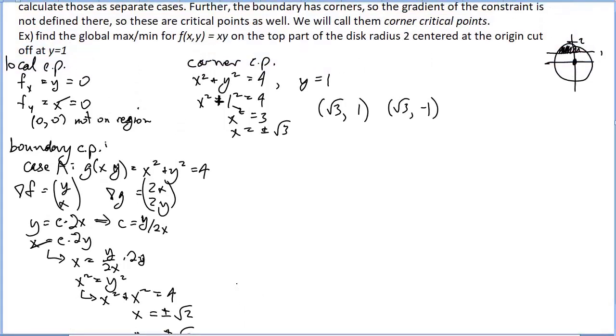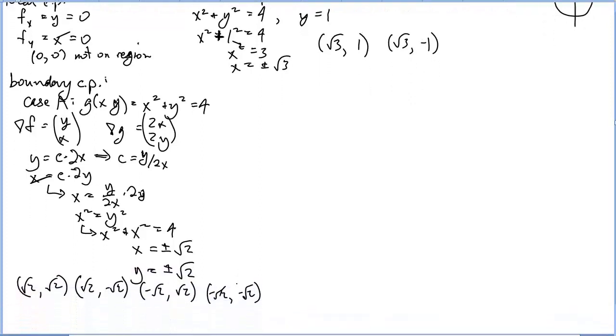Once again, we should refer back to our graph. Notice that we're interested in the top piece of the circle, and generally the top piece of the disk. So therefore, the ones with the negative y values are not on our region.